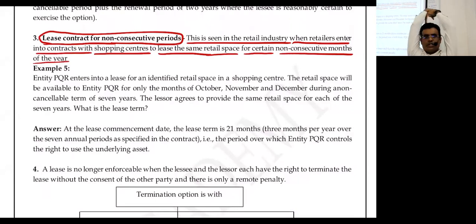Consecutive period, no? Of course you know that. Yes or no? Thus, this is seen in the retail industry when the retailer enter into a contract with a shopping center to lease the same retail space for certain non-consecutive month or year. Month of the years.